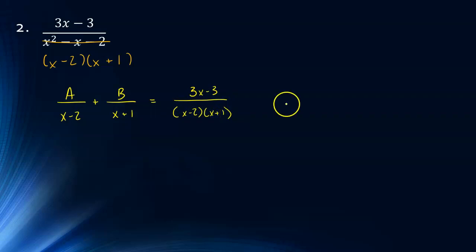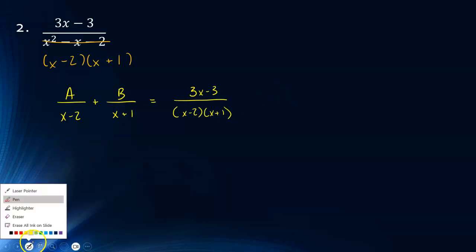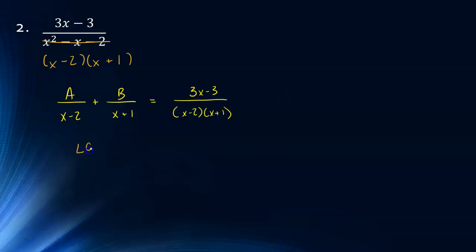All right, so remember the next step is to use a least common denominator. So the least common denominator here is x minus 2 times x plus 1. So for the first fraction, we would have a times, so the first fraction has x minus 2 in the denominator already, so we'll be left with x plus 1 after those two cancel each other out.